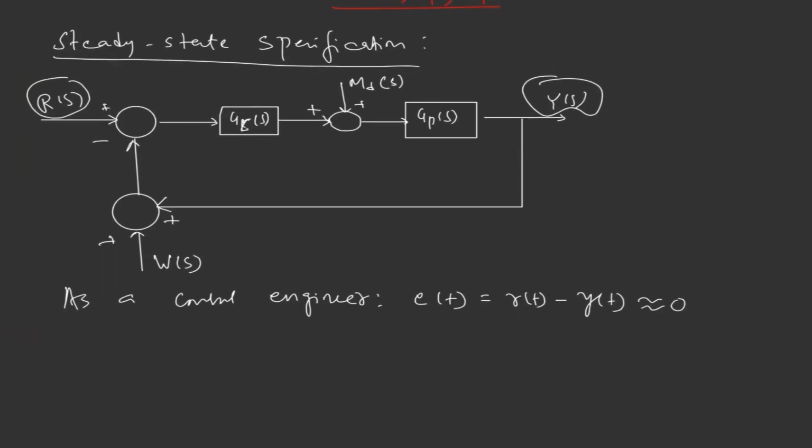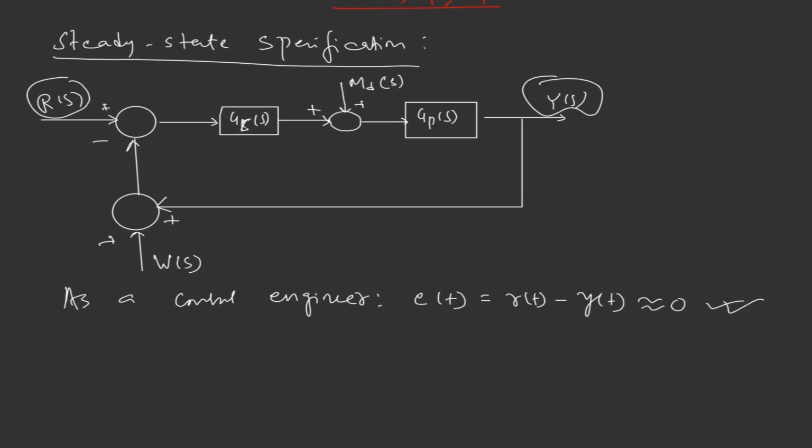But practically this is not possible because there are disturbances. If you consider the aircraft system, there is always continuous disturbance acting on the system, maybe wind disturbance, maybe due to the engine, or due to some unmodeled dynamics in the system.